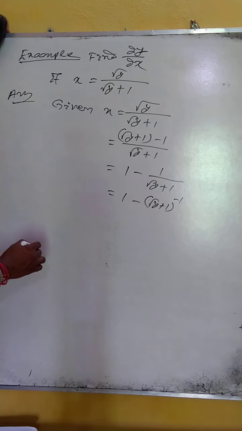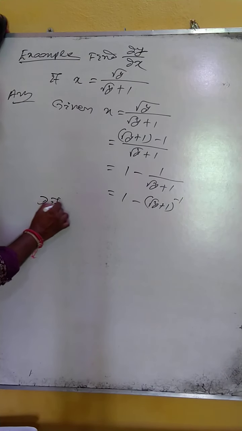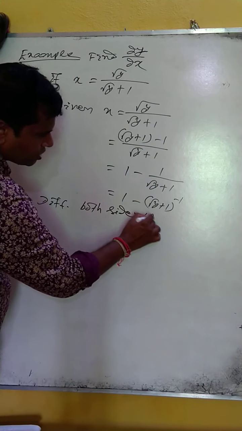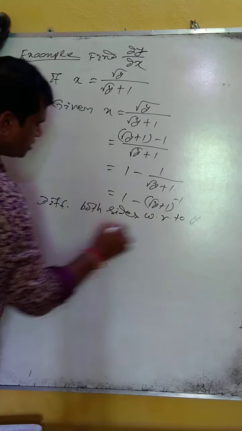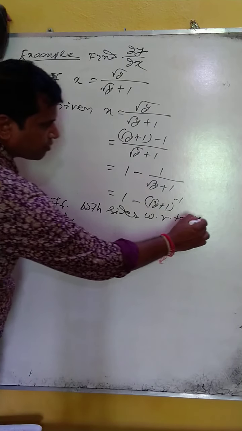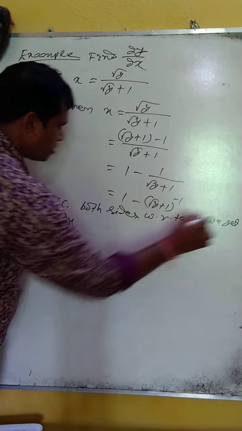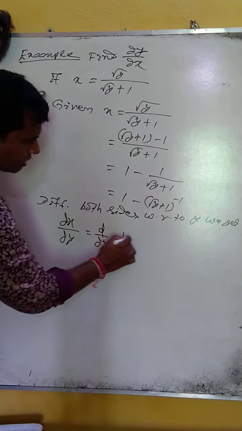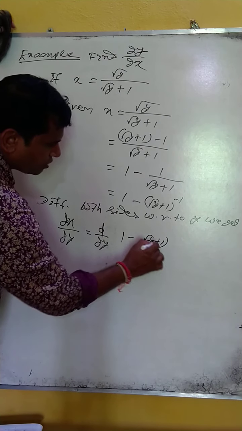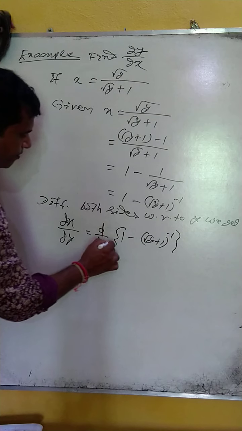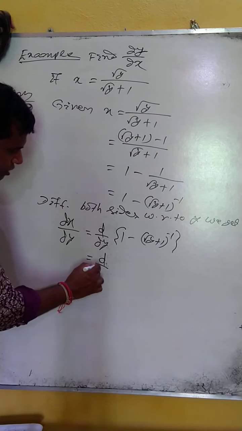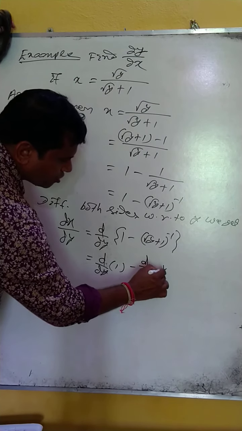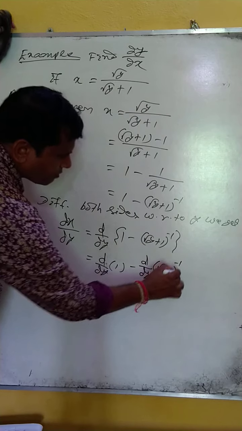Now differentiate both sides with respect to y. We get dx by dy equal to d by dy of 1 minus (root over y plus 1) to the power minus 1. That equals d by dy of 1 minus d by dy of (root over y plus 1) to the power minus 1.